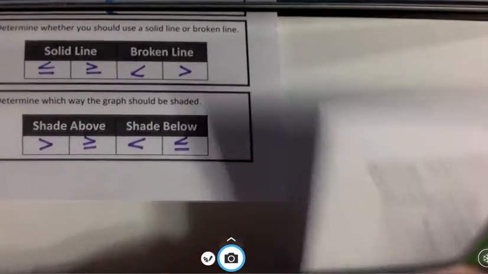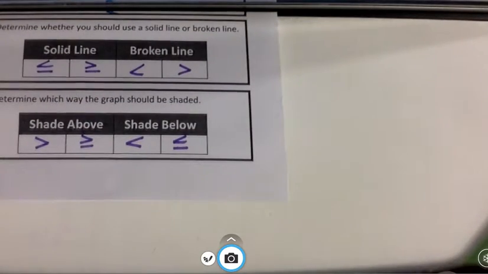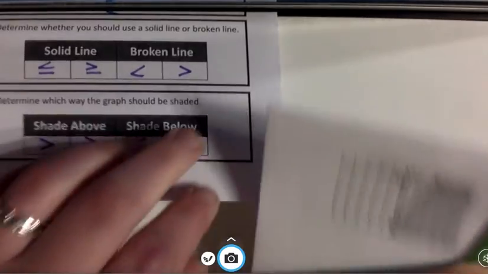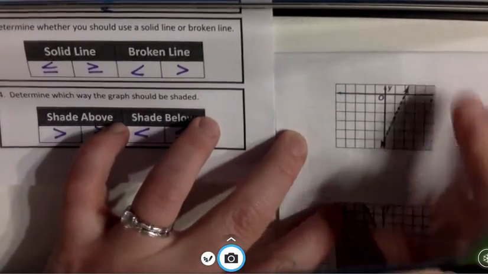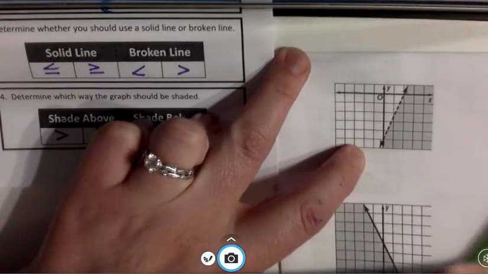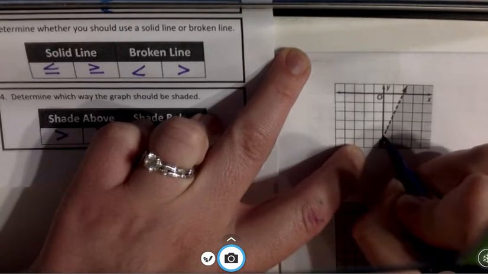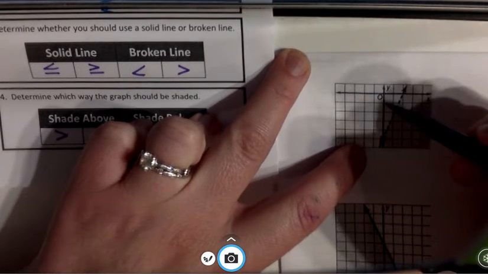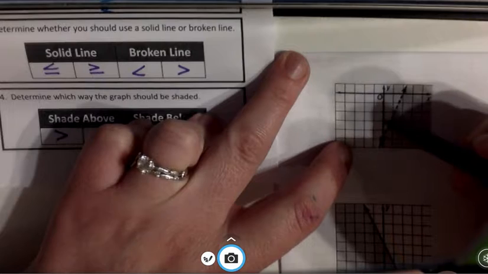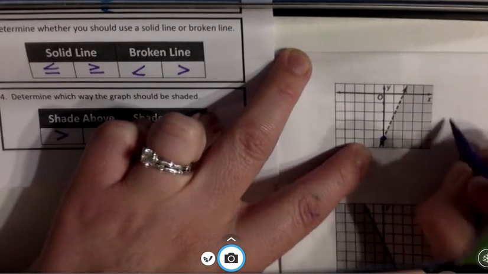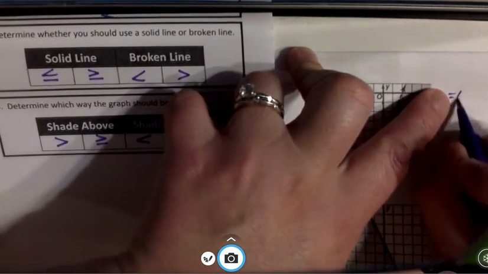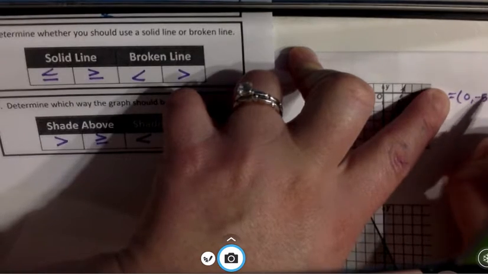Now let's try another graph. I'm going to fold this up so you can see this next one clearly. Here's our next graph. Again, I'm going to start in the same way. I'm going to find my y-intercept, then I'm going to identify my slope. So my y-intercept is 1, 2, 3, 4, 5. My y-intercept, my b value, is 0, -5.